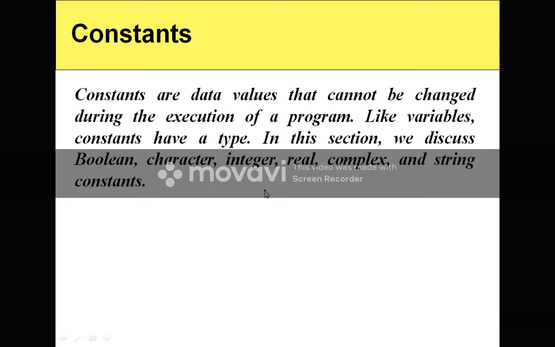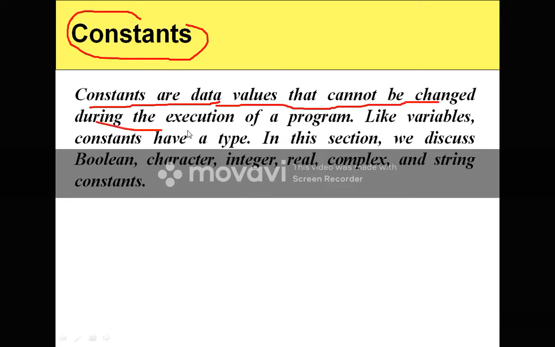So in that case we use a constant. Constant values are data values that cannot be changed during the execution of the program. Throughout the program the constant value will not get altered.